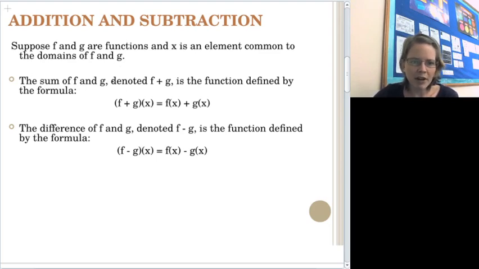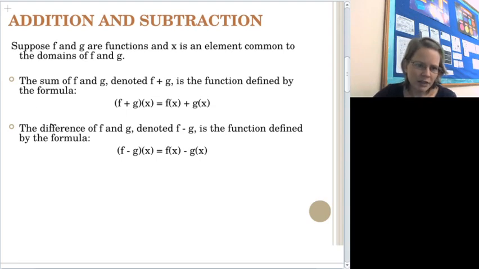The sum of f and g, which we denote f plus g, is a new function defined by the formula f plus g of x. So this is our notation for saying we're going to add the two functions together. f of x plus g of x. So take the formula for f and add it to the formula for g. And on the next slide, you're going to see some examples as we actually do this.